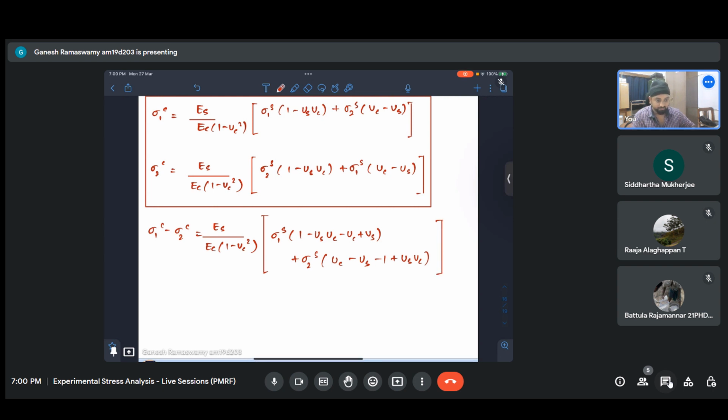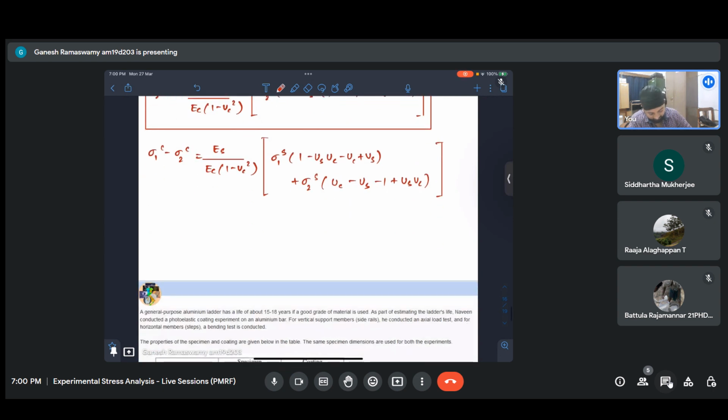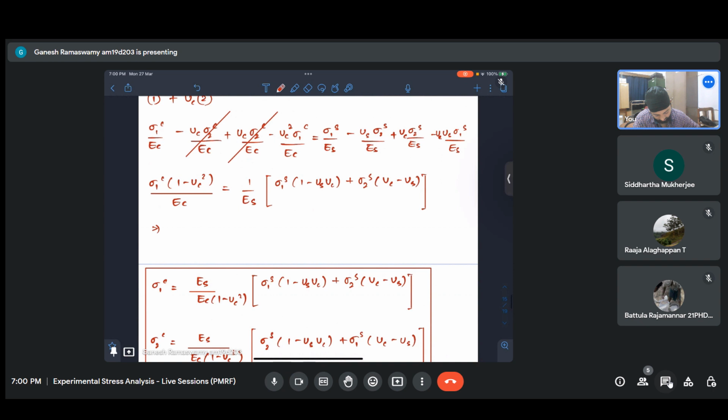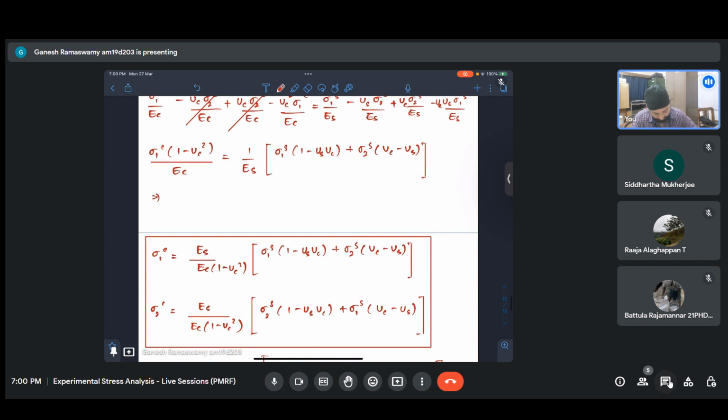So once I have this, I can just open this up and simplify. Es upon Ec into 1 minus mu c the whole square. I'm sorry, this needs to be taken care of.